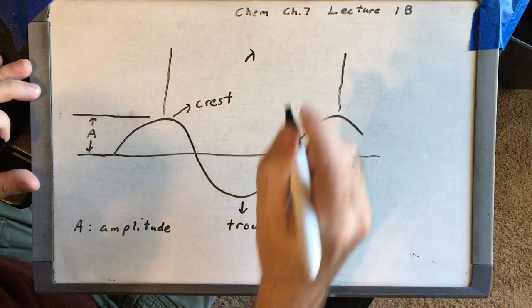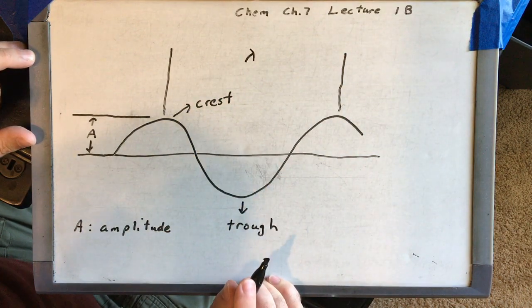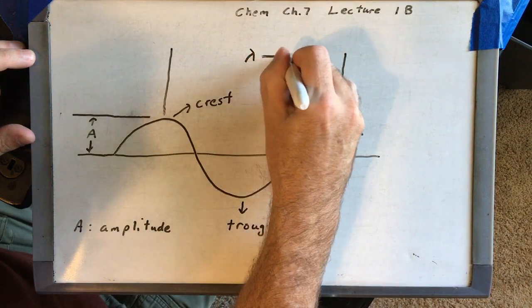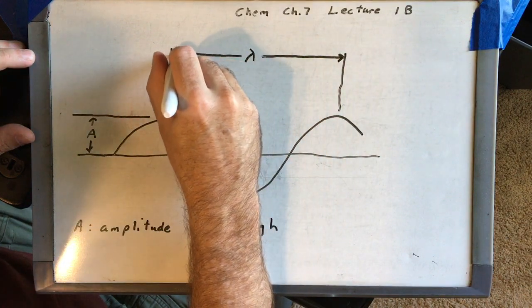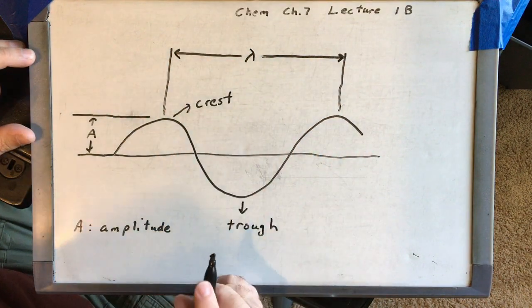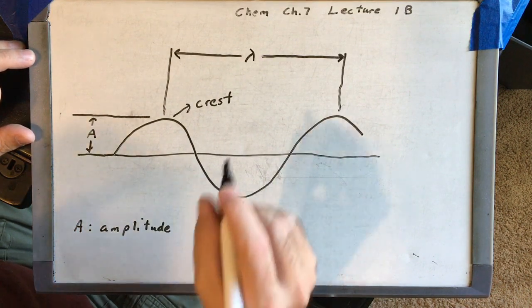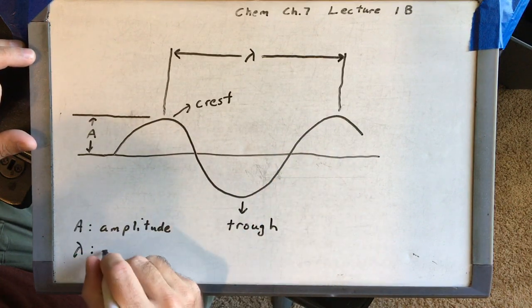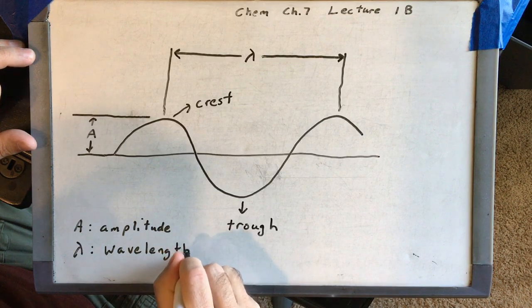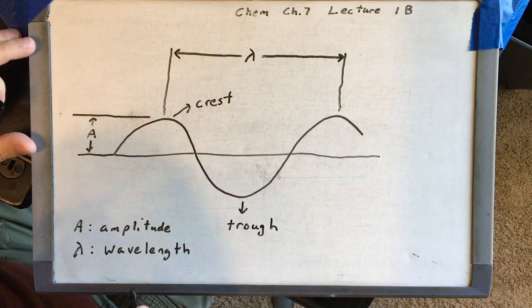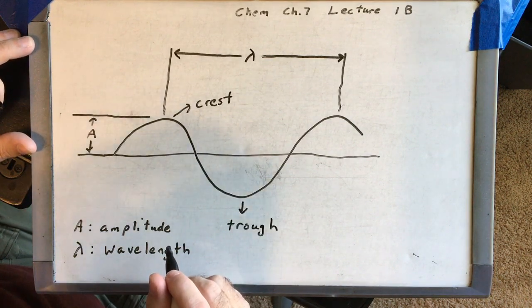We use the Greek letter lambda for wavelength. I'll double check that. So that's the wavelength. There's your basic wave diagram.